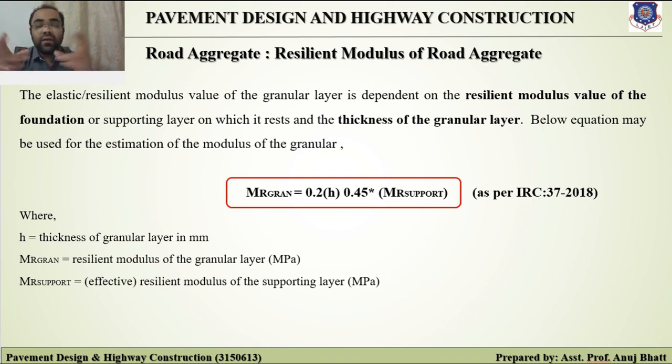At that moment, the whole base and subbase are considered as a single layer, and it may be estimated using the above mentioned equation, taking MR granular as the modulus of the combined granular layer, and MR support as the effective modulus of the subgrade. So this is about the single layer.